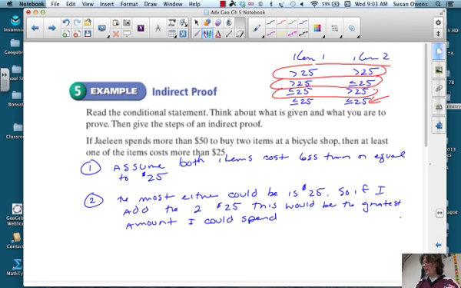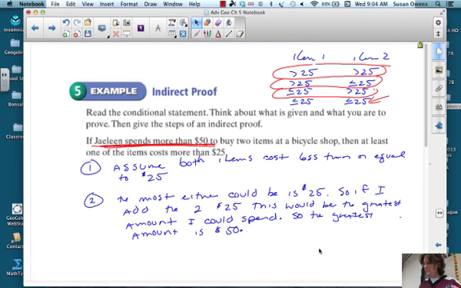So if I add them, I get $50. And here's where I take a look at what I have, and in this case, she spends more than $50, which means that this can't happen.